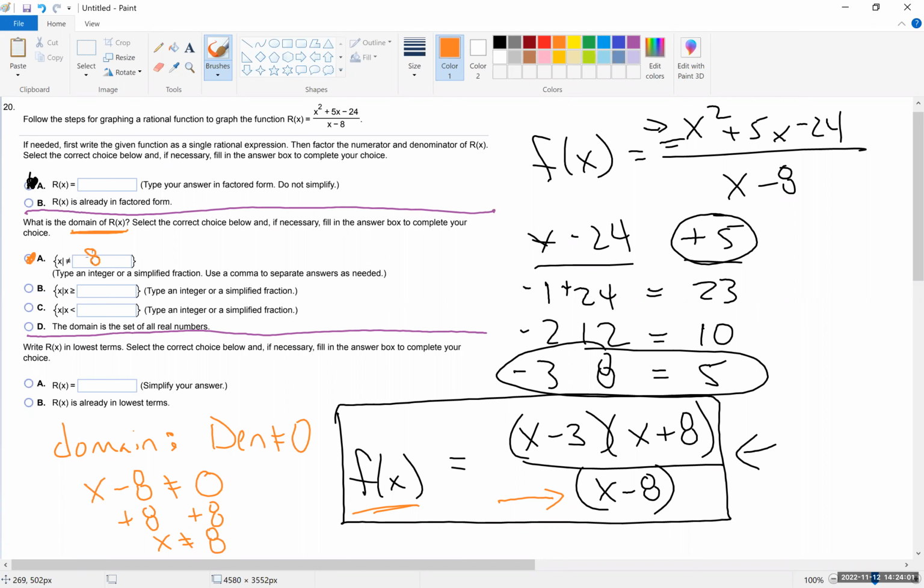All right. Let's pause here. Actually, let's go one further. Write r of x in lowest terms. Our function, after we factor it in part A, is already in lowest terms.